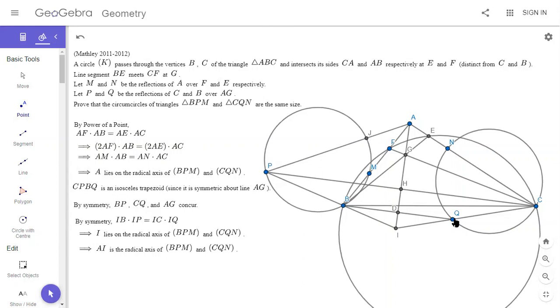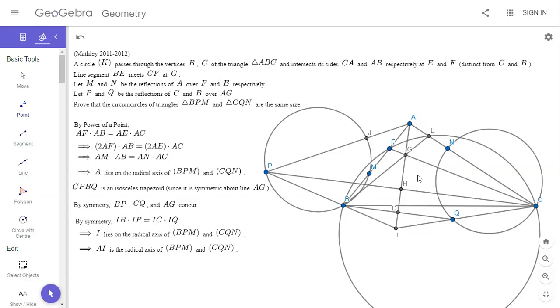What I'm kind of wondering is, did we even need G to be the intersection of CF and BE? Like, could G have been any point? What if G was any point? Would the problem still be true? See what I'm saying?